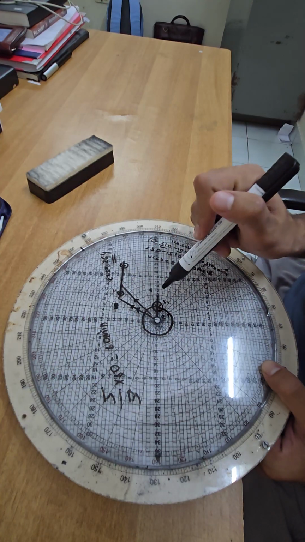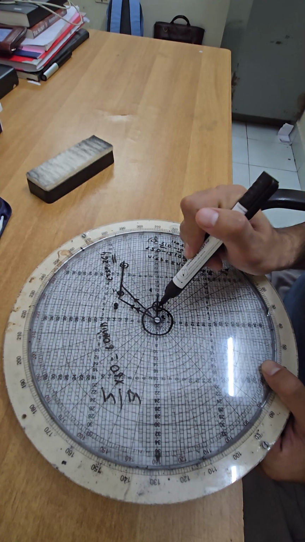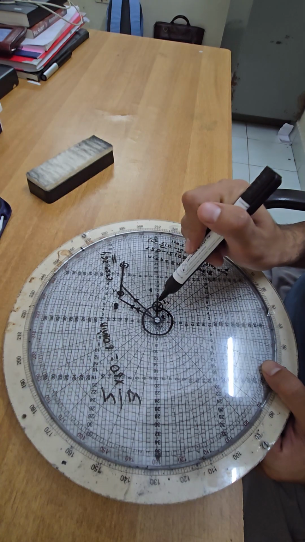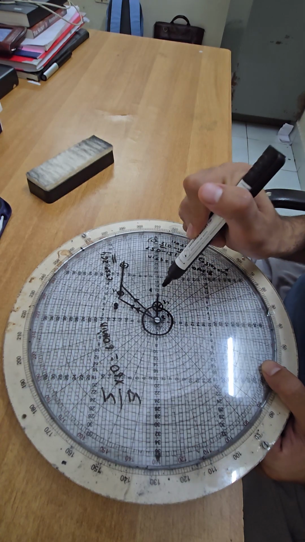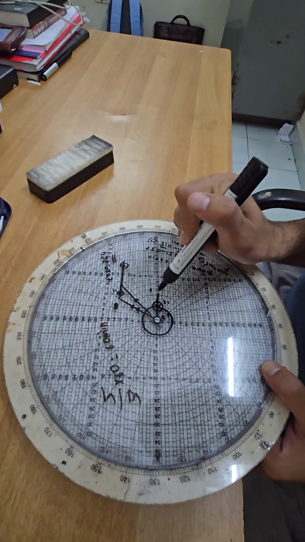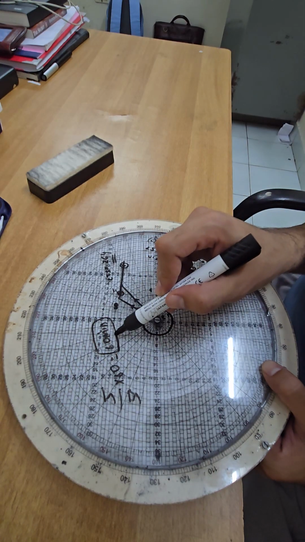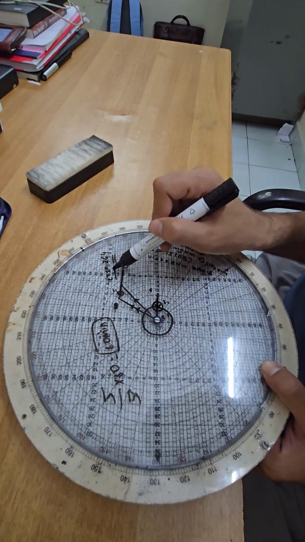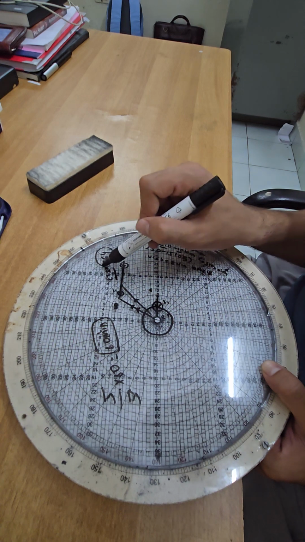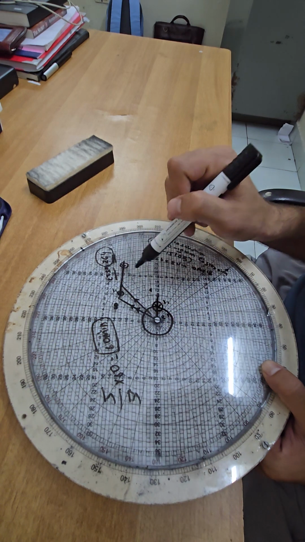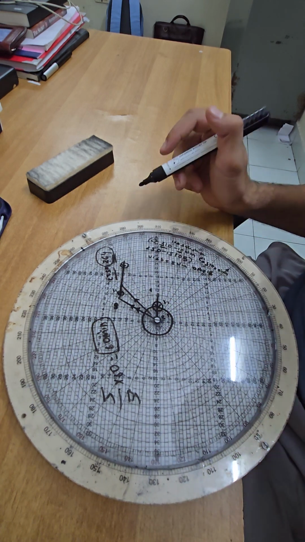When she touches this circle for the first time, you will sight her. So you will take 60 minutes to see her for the first time, and earlier you got your course to steer, that is 264. So if you steer 264, you will sight her. Thank you. This is the question.